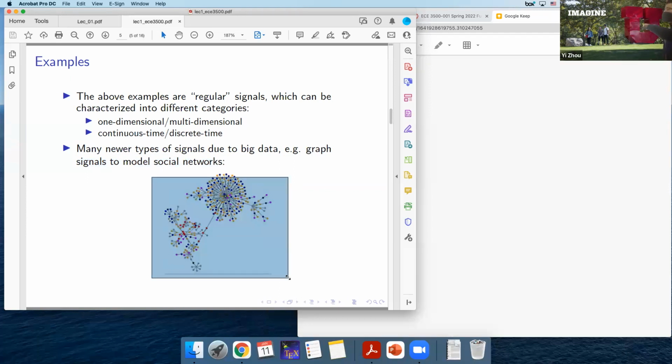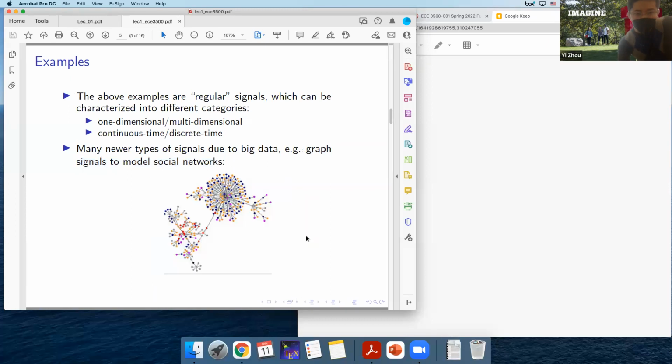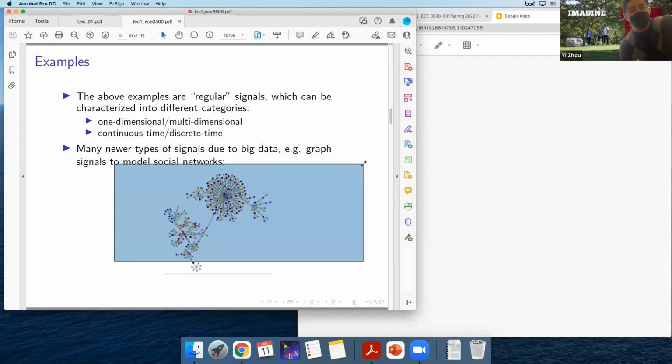You have many discrete nodes. Every node may represent a person, for example, in a social network, like your Facebook account. And then every one of you may get connected to your friends, family members. So there are connections between these nodes.